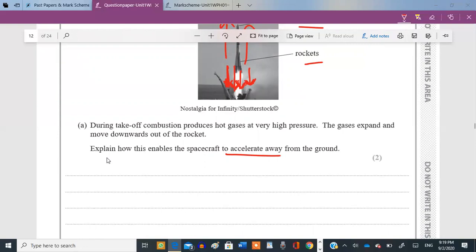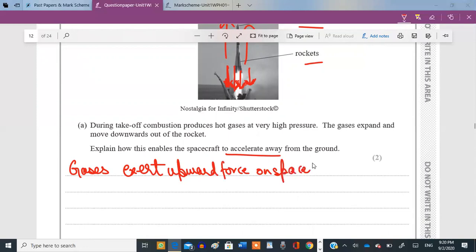If it was for 3 marks, you could have given reference to Newton's third law as well. Okay, so gases exert upward force on the spacecraft, resulting in a net force in the upward direction.